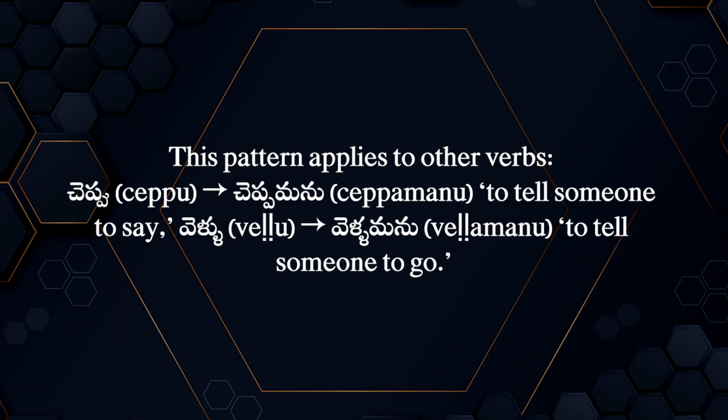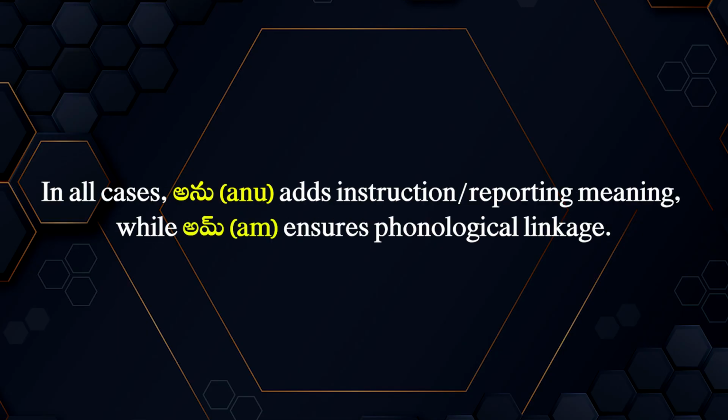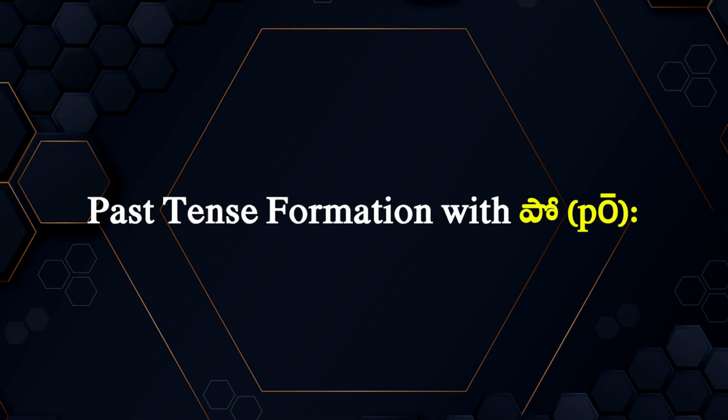Cheppu becomes cheppamanu, means to tell someone to say. Vellu becomes vellamanu, means to tell someone to go. In all cases, anu adds instruction or reporting meaning, while ma ensures phonological linkage.